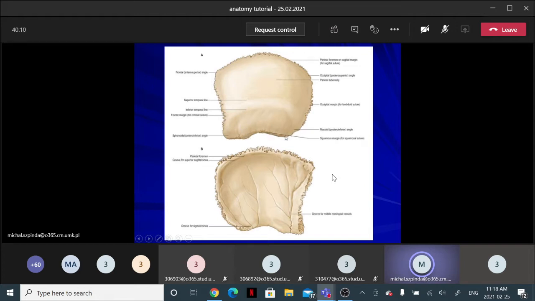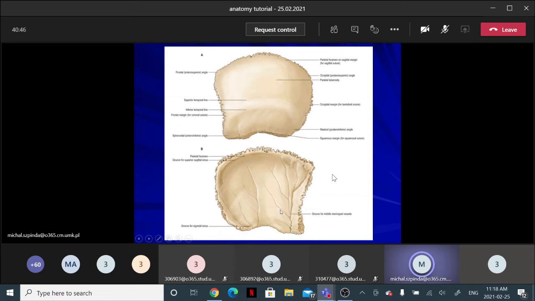So this means that the other articulating bone, the temporal squama, must be beveled internally and just overlaps the parietal bone. And here is the interior of the parietal bone.